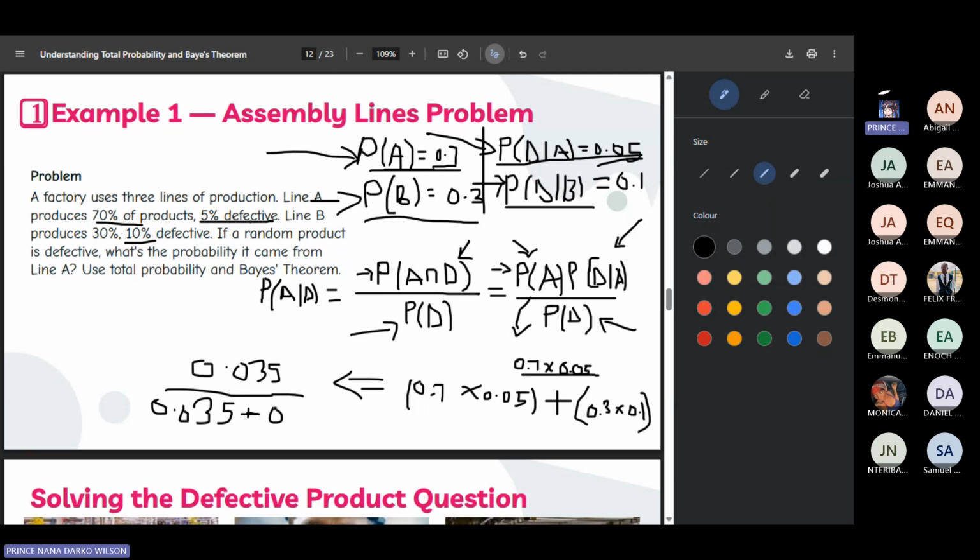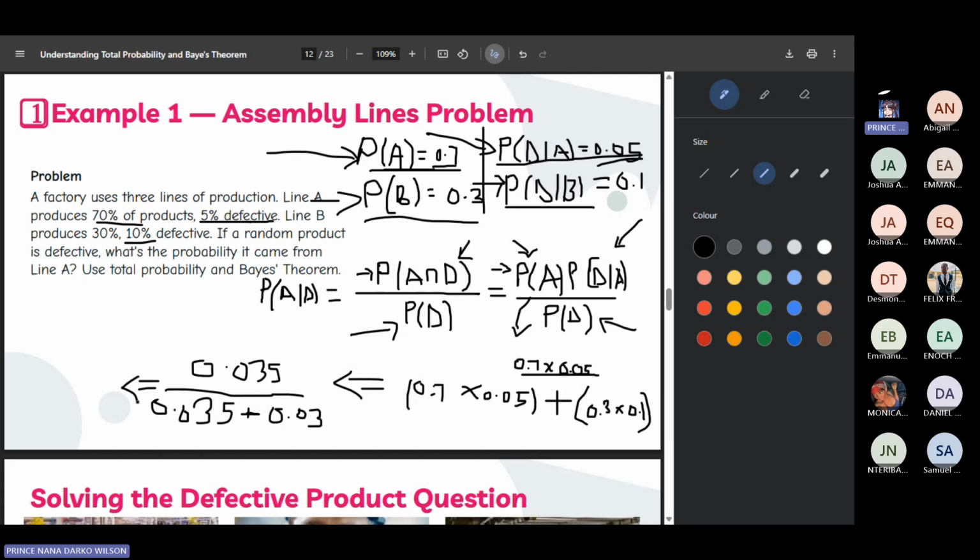So I have my calculator here. I'm punching it so that we make no mistakes, okay? 0.03. So that's what you can see here. Then we go ahead and put all this into our calculator and see what the final answer will be. So 0.035, add that to 0.03. What you get is 0.065.